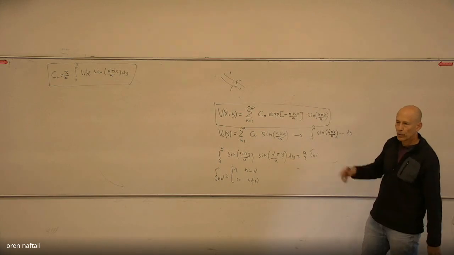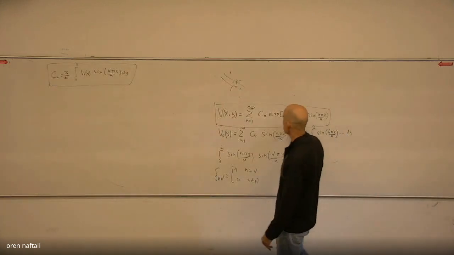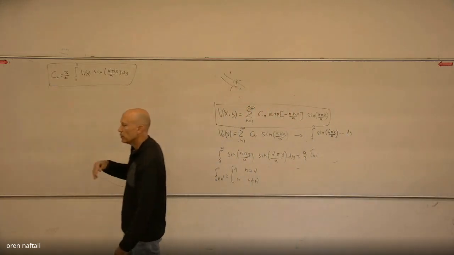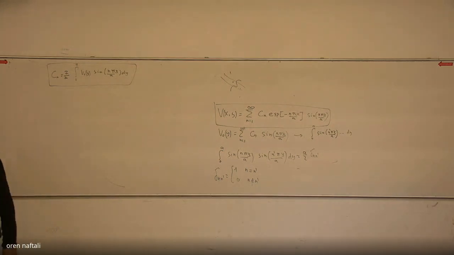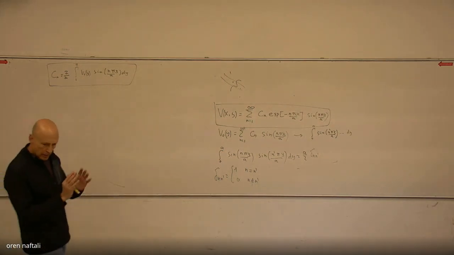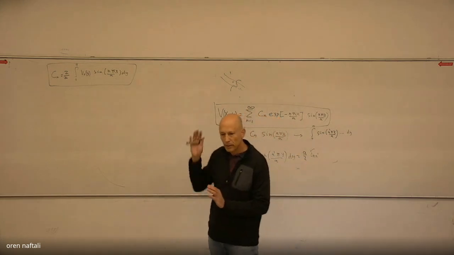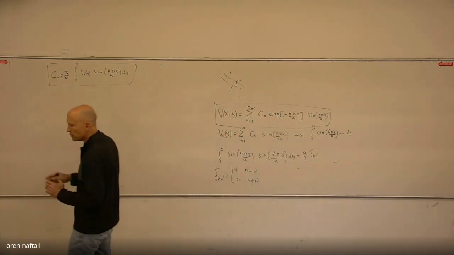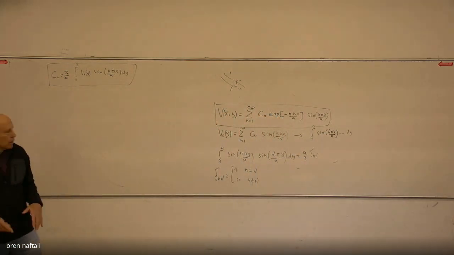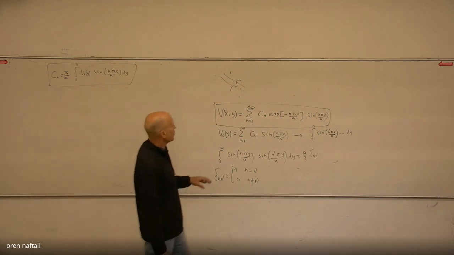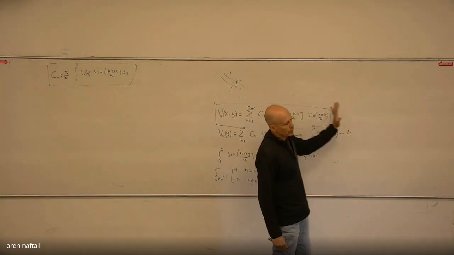So who cares? If x is order a, e to the minus n pi, and n is 100, that is 0. So at least for x bigger than a, you can easily cut off this infinite sum and sum a finite series.